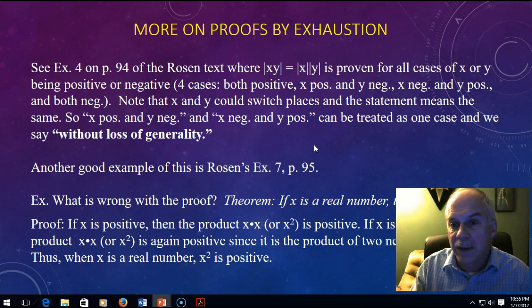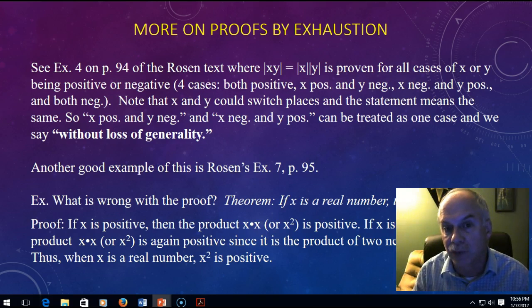So we could say the case where x is positive and y is negative, or x is negative and y is positive, could be treated as one case, because we could switch the position of the positive and the negative around, and it won't be any different. So we say we could treat it as one case without loss of generality. We use that phrase, without loss of generality, which means that it doesn't affect how general the application of this proof would be.